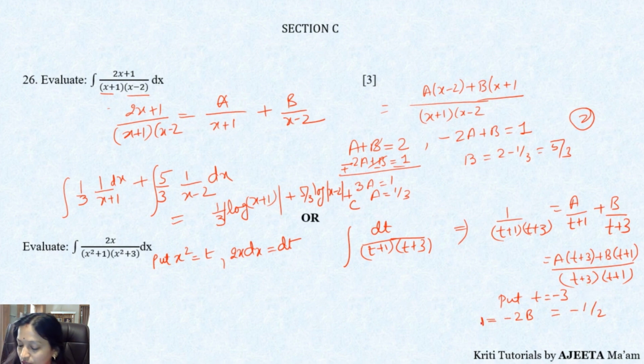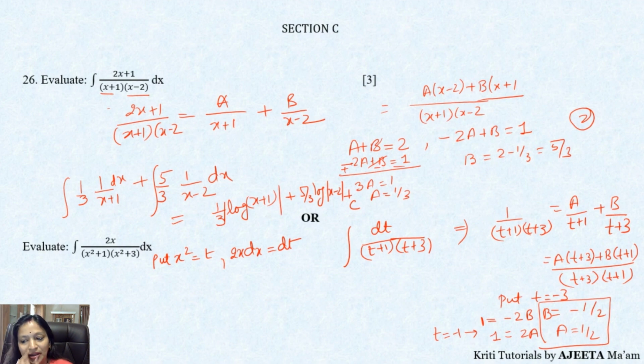Just put the zeros. Now if I put t as minus 1, correct? The other zero. So what will I get? Again the left side will remain the same, 1, but the right side will change. Minus 1 plus 3 is 2a, and with the b it becomes 0. So the value of a is 1 by 2 and the value of b is minus 1 by 2. So these are the two values that I am getting. Now if I use it, I will get it like this.